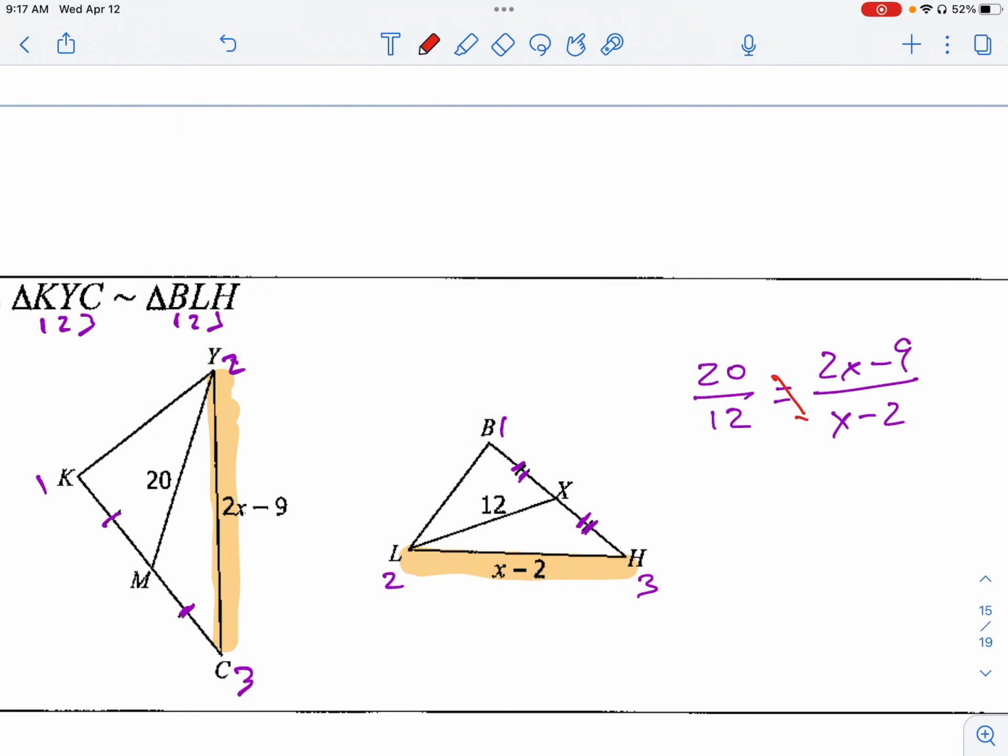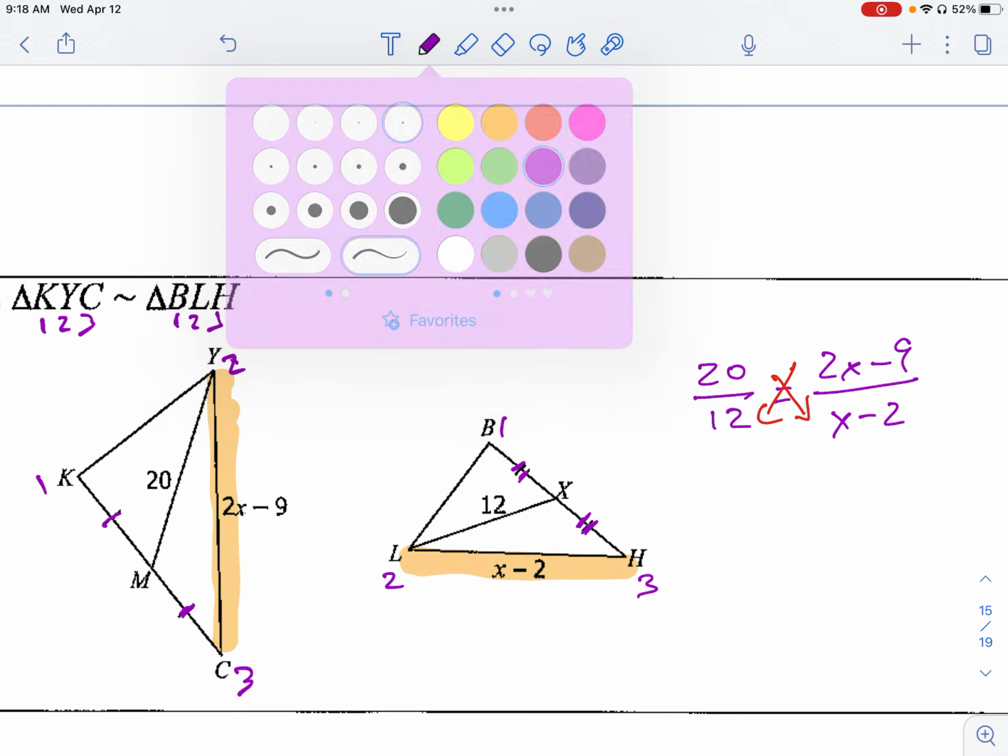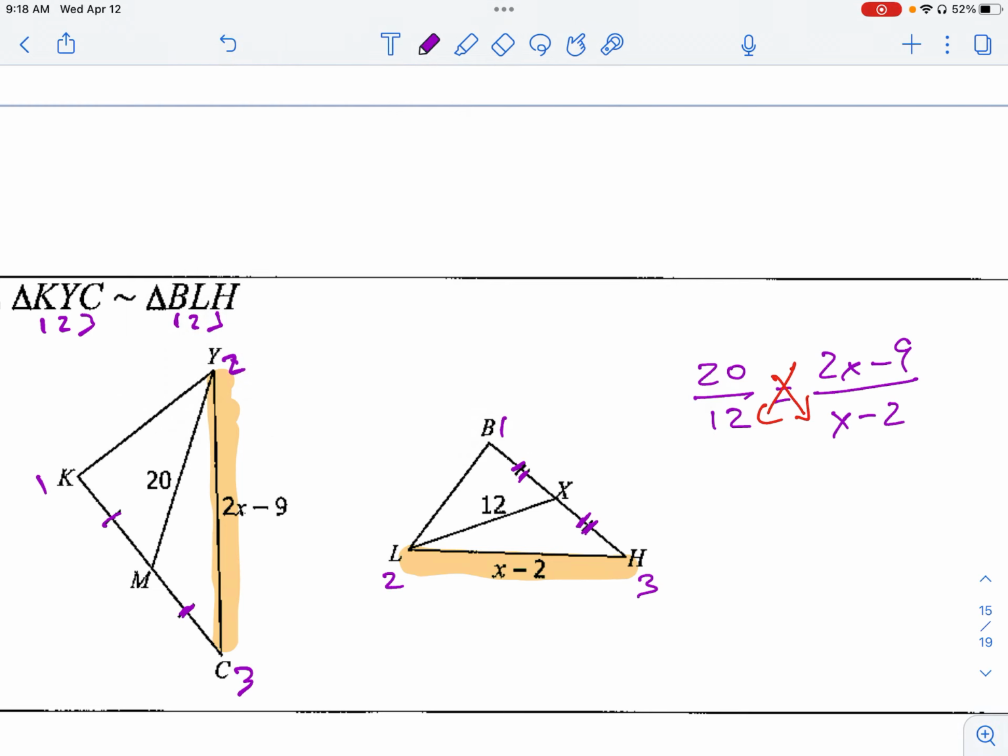We cross multiply. But both of these are divisible by 4, so I can actually reduce them down. So I'm going to do that, make the math a little easier. So we'll cross multiply and we get 3 times 2x minus 9 equals 5 times x minus 2.